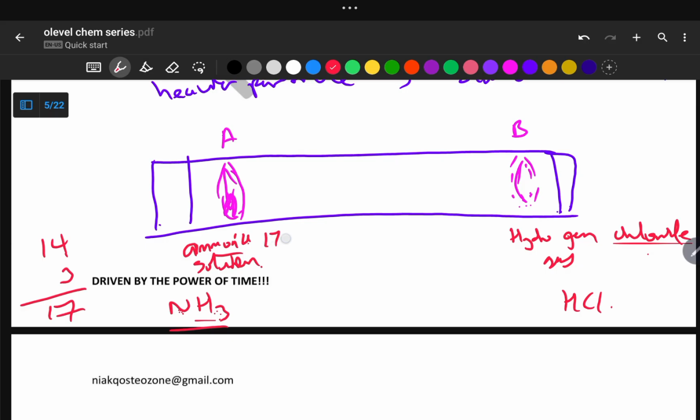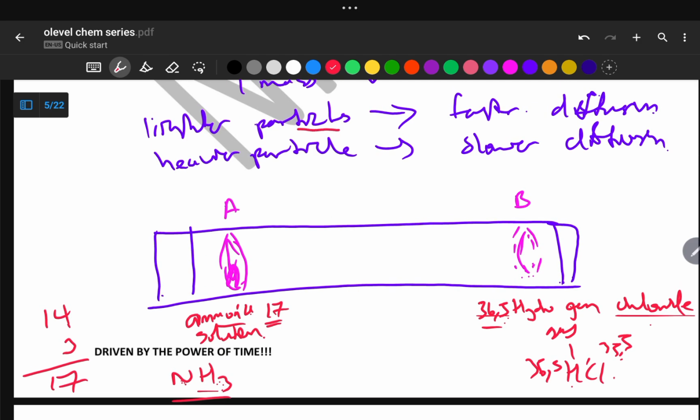Then hydrogen chloride is 1 plus 35.5, to give us 36.5. We said the lighter the particle, the faster the rate of diffusion, and the heavier, the slower the rate of diffusion.